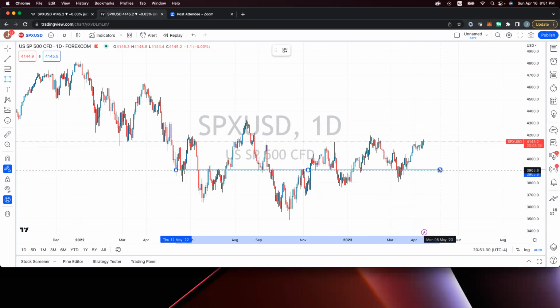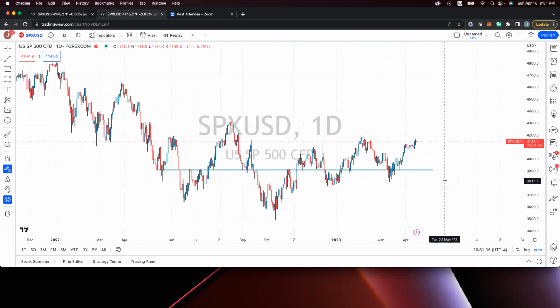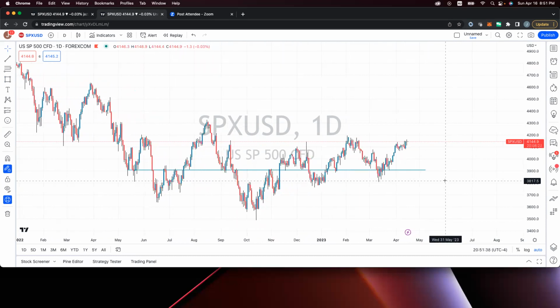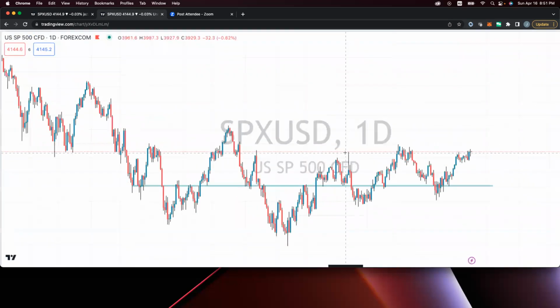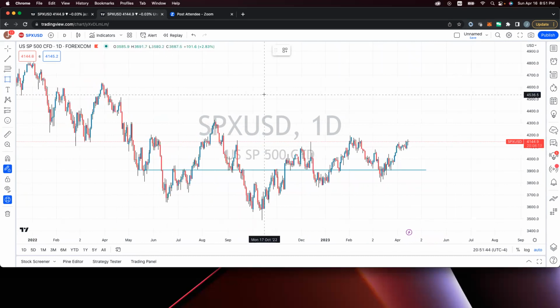Okay, so zone number 1. I do it on daily and then I switch to 4-hour to cover what I can see on daily. Now, live market, look where price is rejecting from.